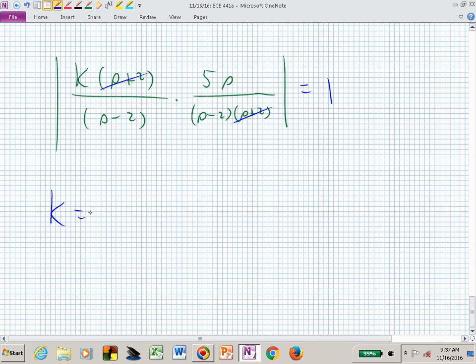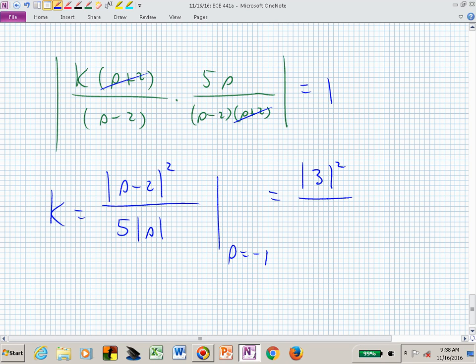I now know that K is equal to S minus 2. I have 2 of those. I have a 5 that I can't forget. And I have an S. Is that okay? And I said I wanted to place those closed loop poles when S was equal to S delta of -1. Now I have 3 upstairs.